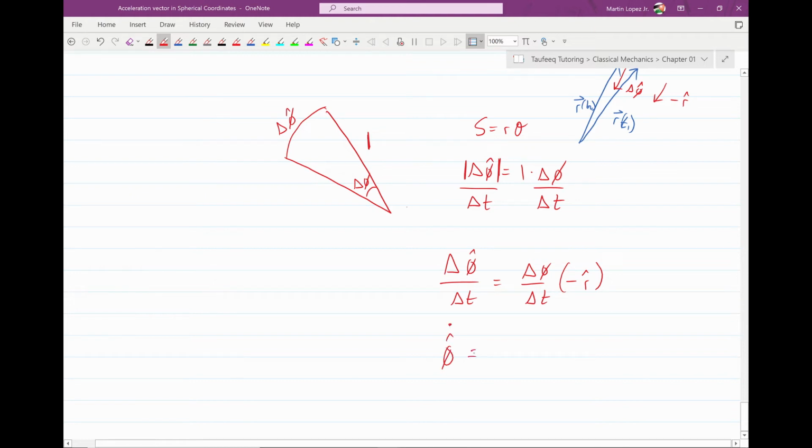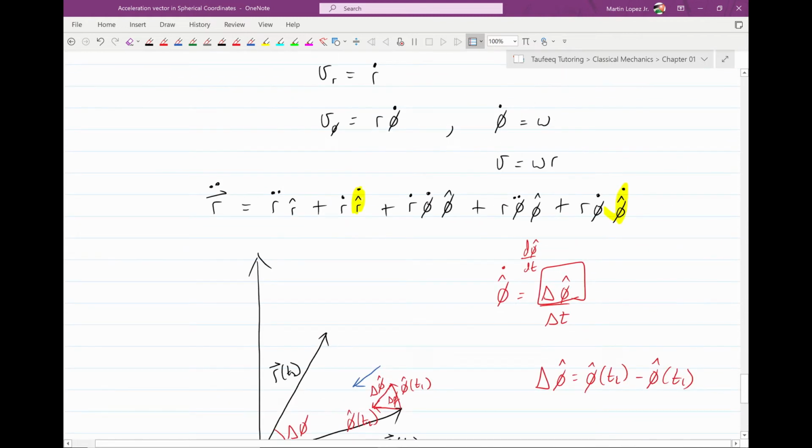So therefore, when we take the limit, as delta t goes to 0, we just have negative phi dot R hat. Very similar to R hat dot, but we have the unit vector is different and the direction is negative.